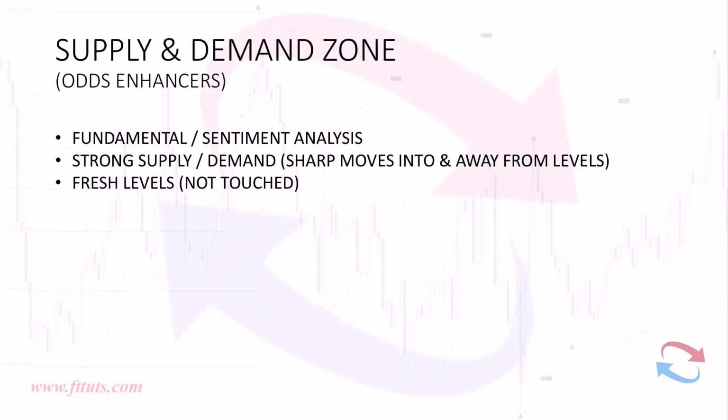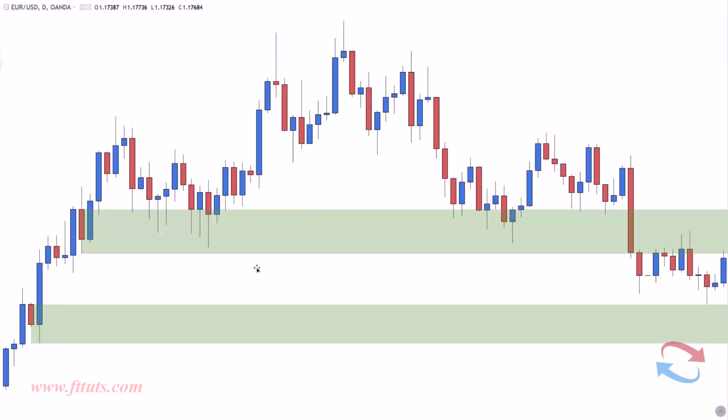Another odds enhancer when looking at levels is fresh levels, levels that are not touched. Let's look at this level here, where we've got higher highs and higher lows being made. We've got a level of demand here, and we can see it's been touched once, twice, 3 times, 4 times, 5, 6, 7 times.